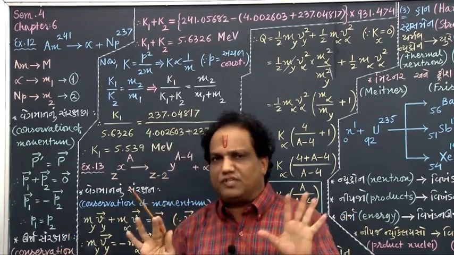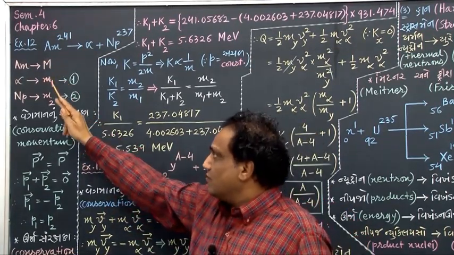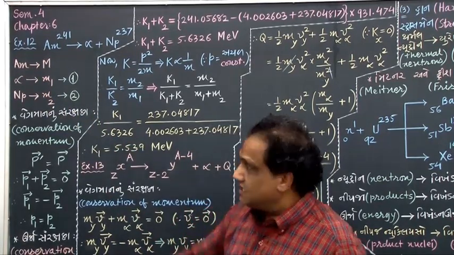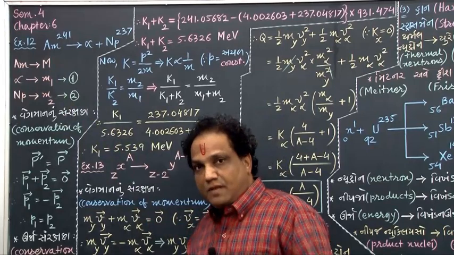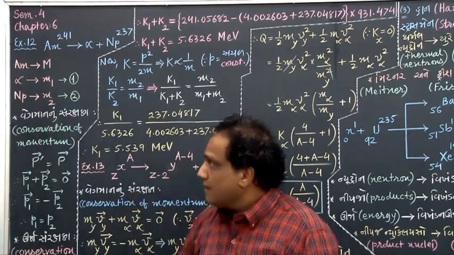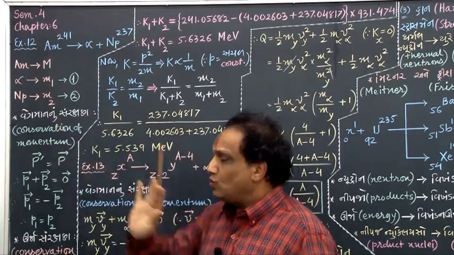Look, mass of americium nucleus, I just take capital M. Mass of alpha particle, I take small m1. Mass of neptunium nucleus, I take small m2.